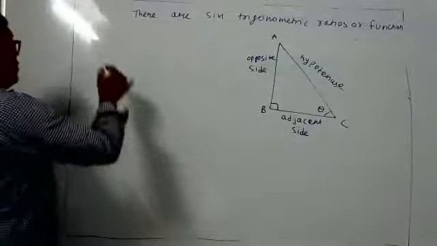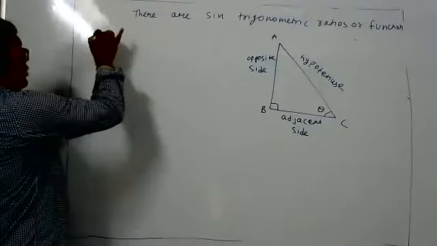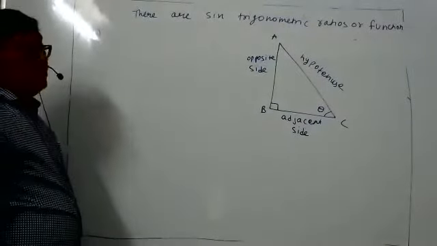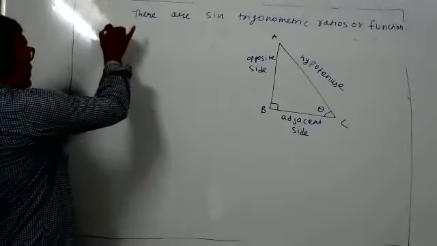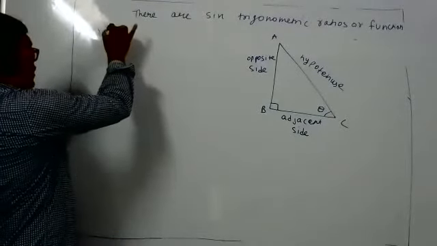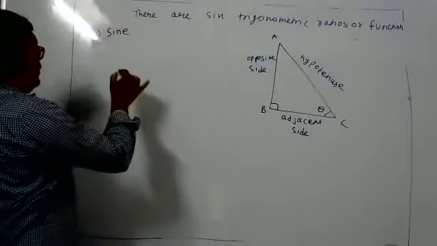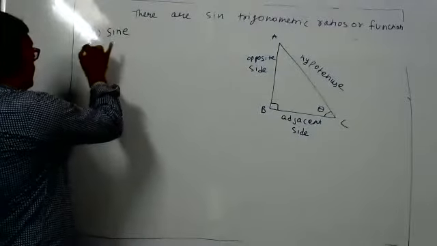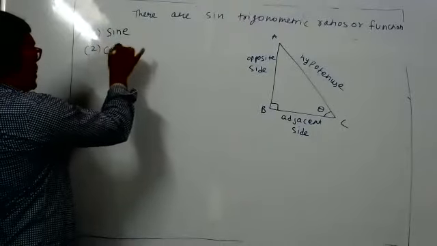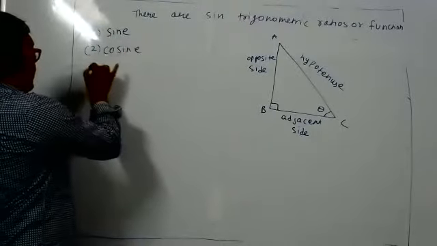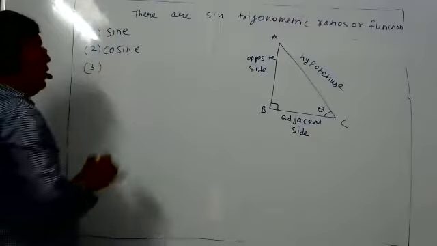The 6 trigonometric ratios: which are those? Sine, cosine, tangent. Sine, usually written short as sin; full form is sine. Second one, cosine. Third one, tangent.